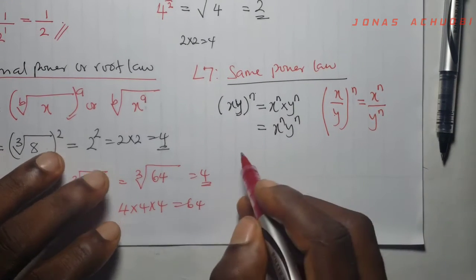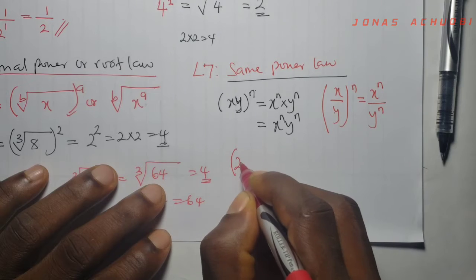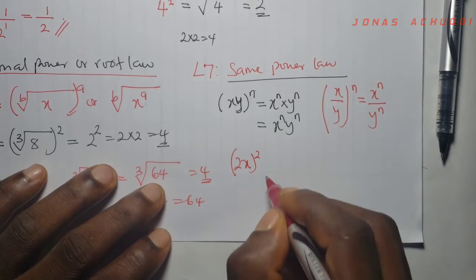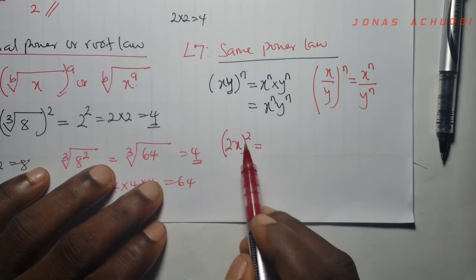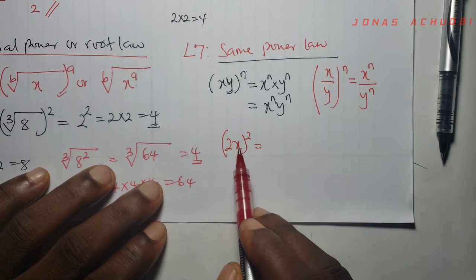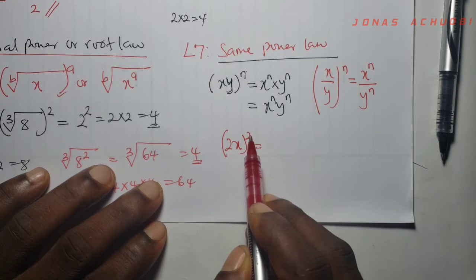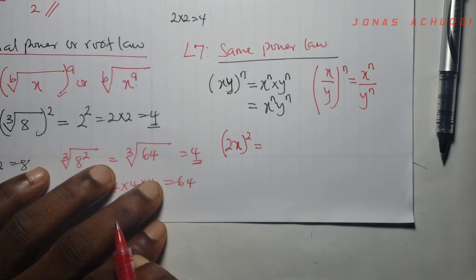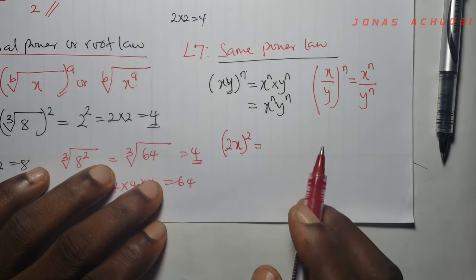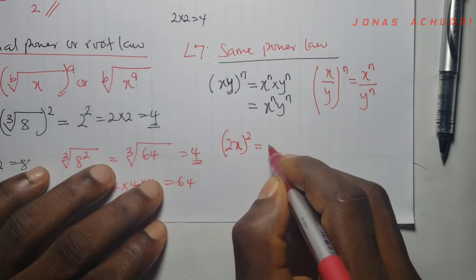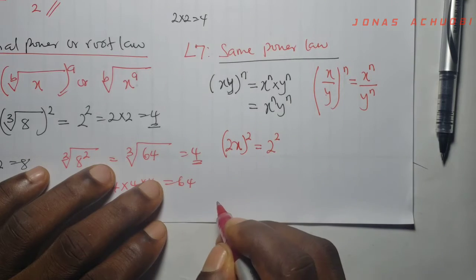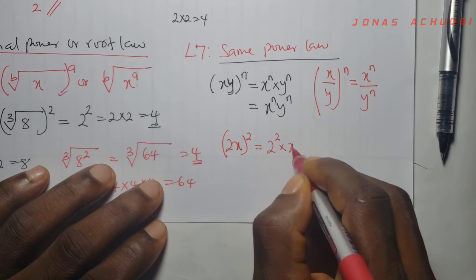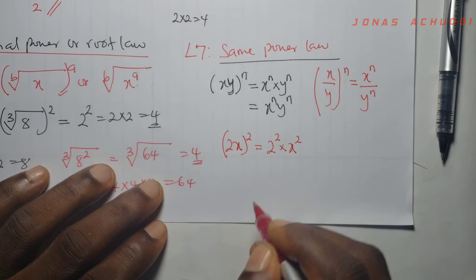For example, if you have in a bracket 2x raised to power 2, what do you see here? Inside the bracket there are two bases. The first base is 2, second base is x, and both of them are raised to a particular power outside, which is 2. So by the same power law of indices, that means the first base 2 here will go with the power outside, 2, times the second base x, which will also go with power 2.